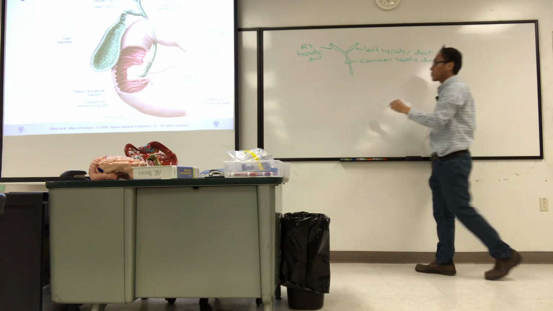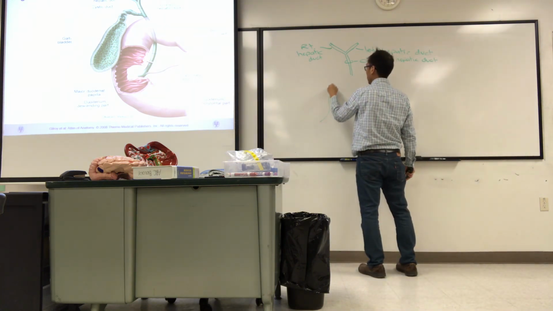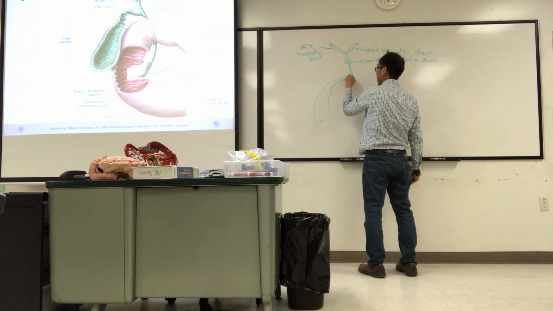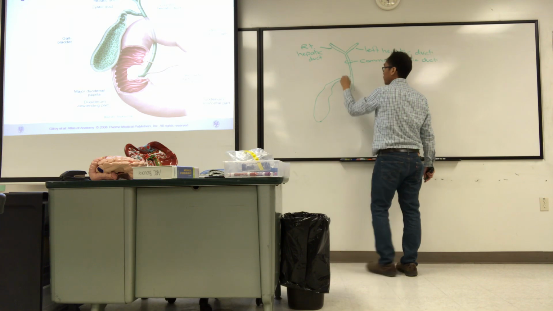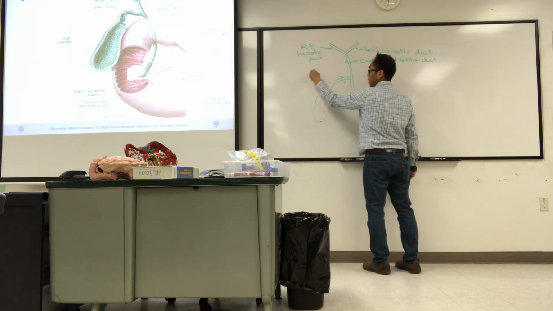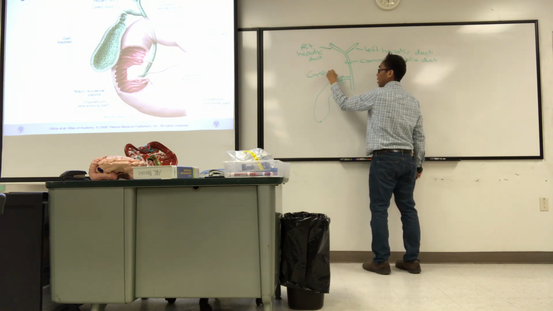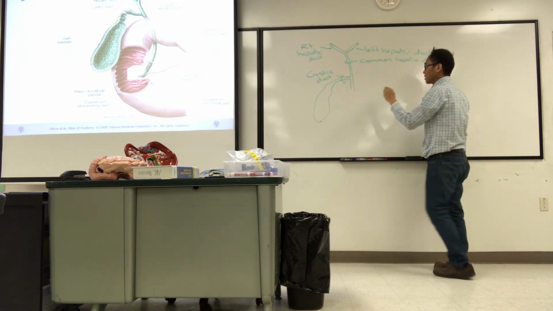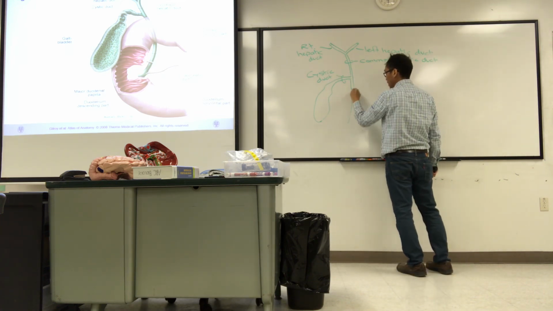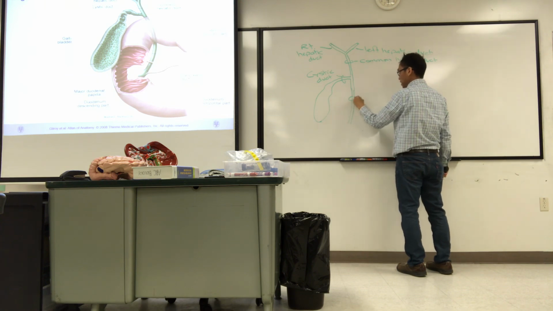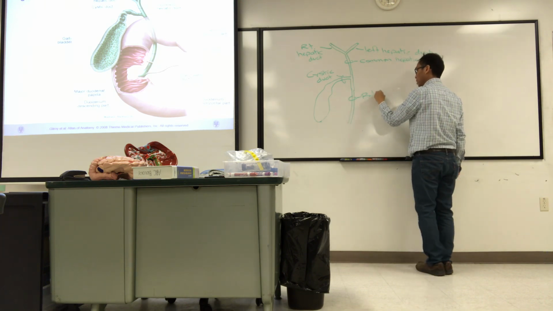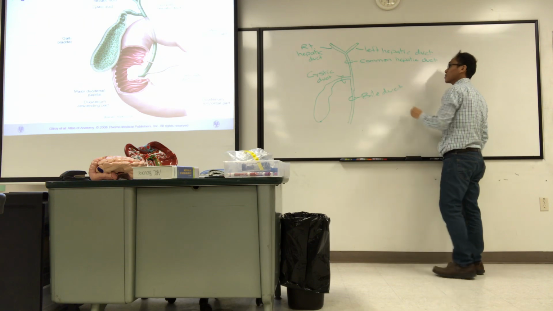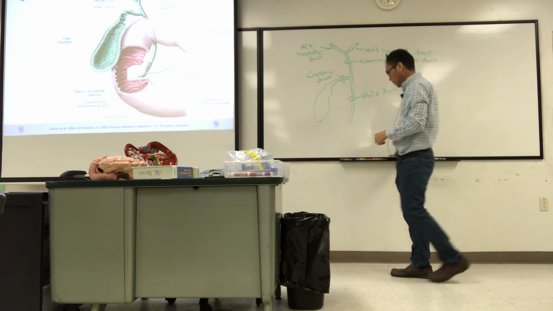Now the gallbladder has a cystic duct that meets up with the common hepatic duct. Then the cystic duct and common hepatic duct merge to form the bile duct that goes to the intestine. So that's the anatomy. We call that the biliary system.